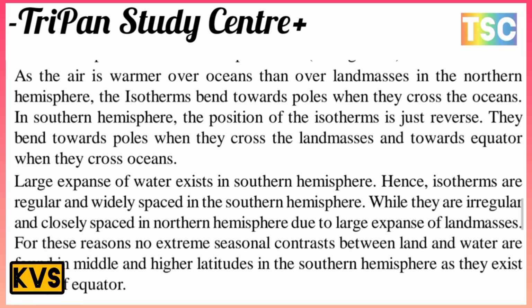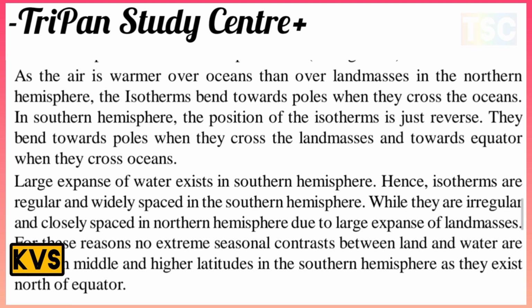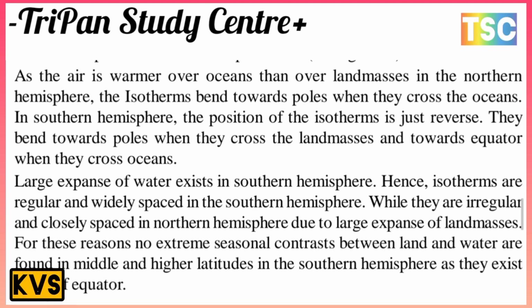A large expanse of water exists in the southern hemisphere, hence the isotherms are regular and widely spaced there, while they are irregular and closely spaced in the northern hemisphere. Due to large expanses of land masses, extreme seasonal contrast between land and water is found in the middle and higher latitudes north of the equator.